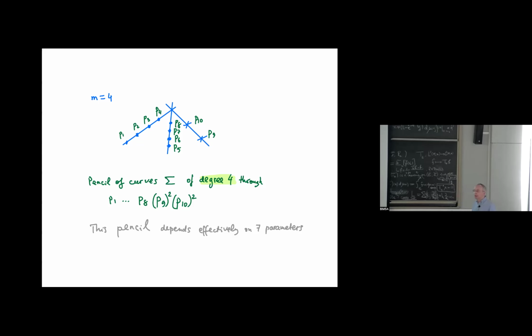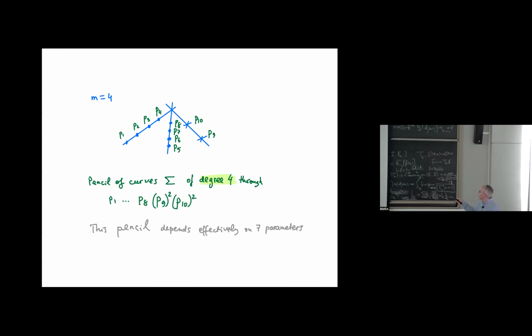So these are automatically elliptic curves, and all you need to do is the following calculation. You need to find the equation for one curve passing through these 10 points like this, and then another curve in this pencil will be just a reducible curve, the product of two lines, and then this line, because you need double points, you need to take a square of that.